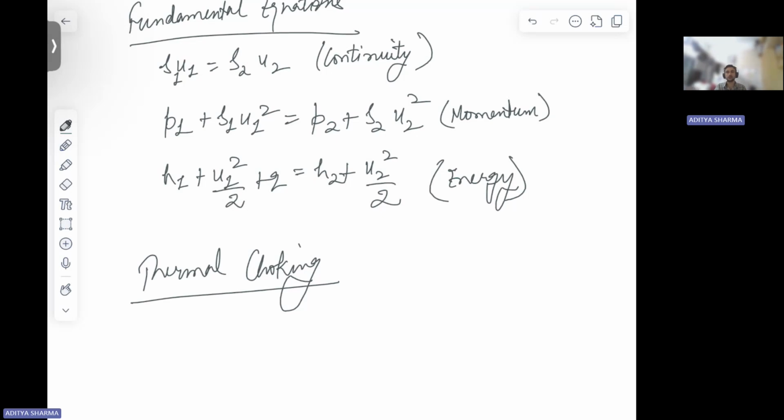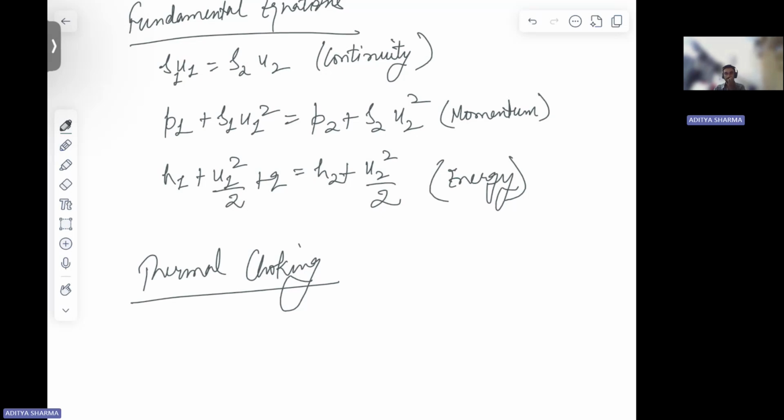In that condition, you call it choked because beyond this choked state, the mass flow rate cannot increase further.